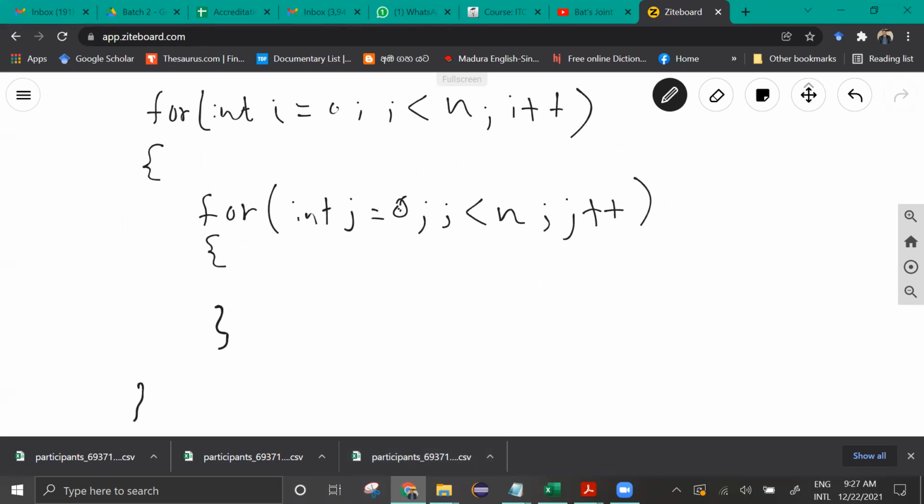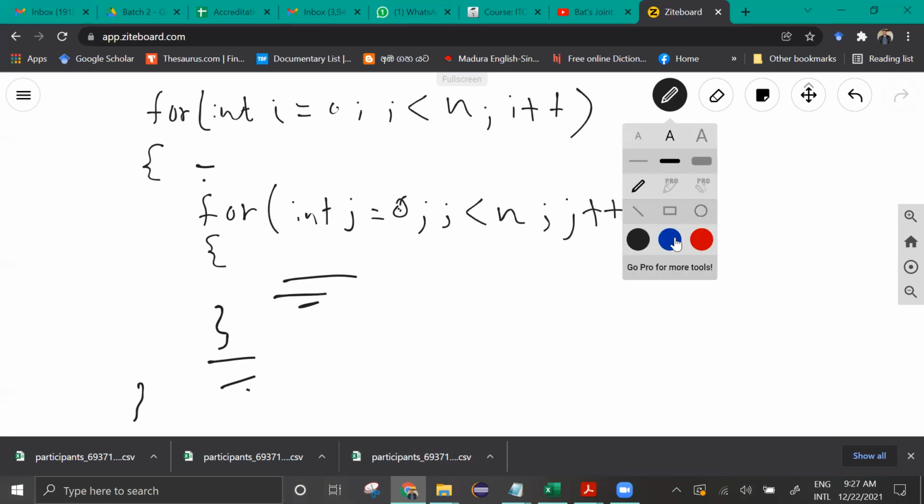Some other code could be there, but there should be 2 for loops.